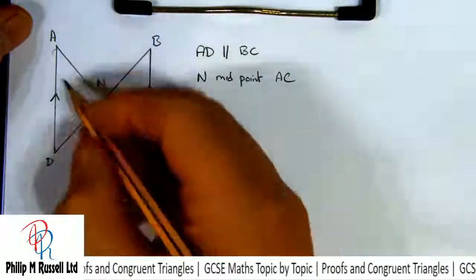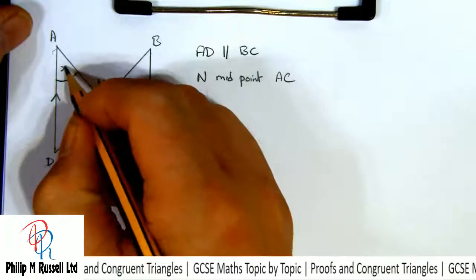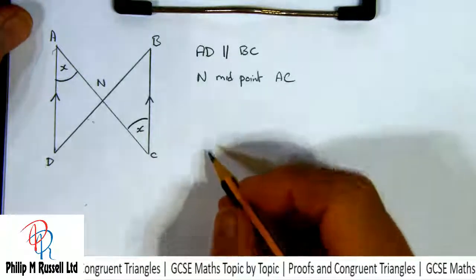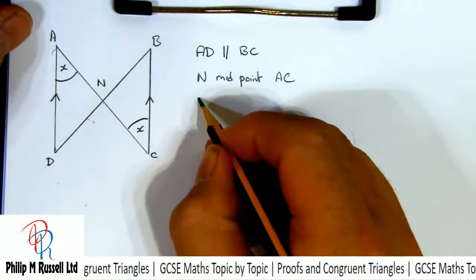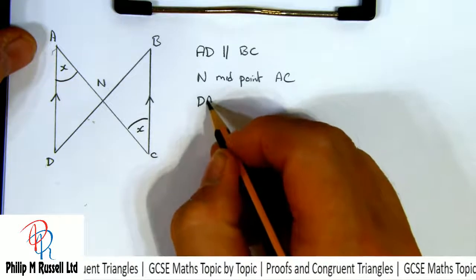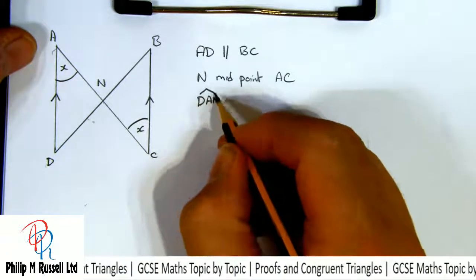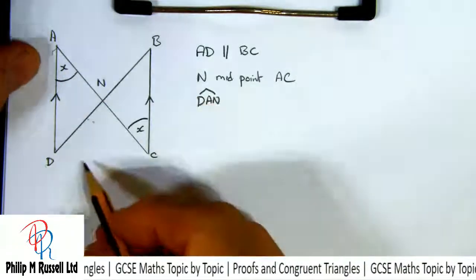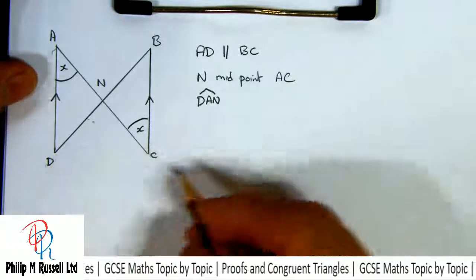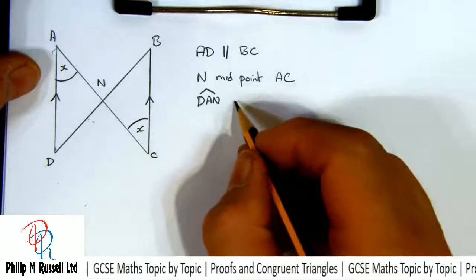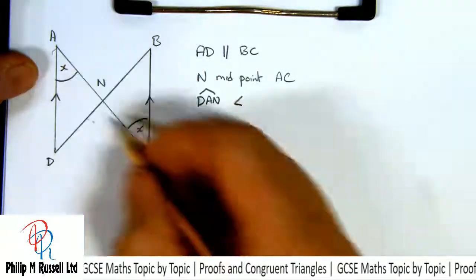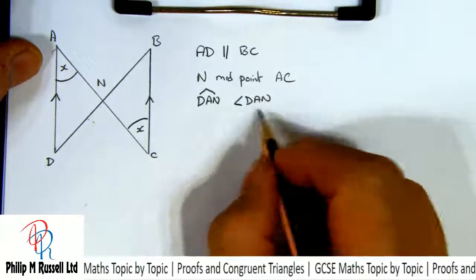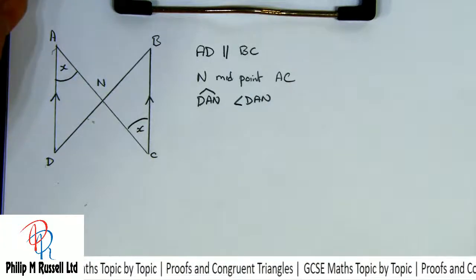There's a line crossing it, so I know that this angle X will equal that angle X. So we can say that, and we can write these different ways, DAN, and I can write it like that to show it's a triangle, an angle for that, or I can write perhaps the angle standard ways of trying to write these things.